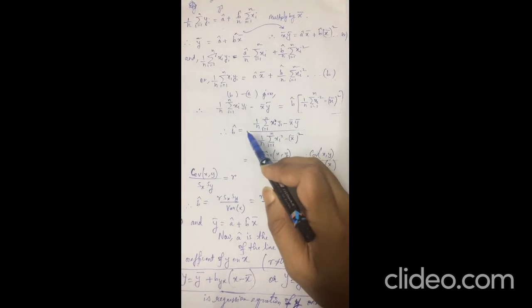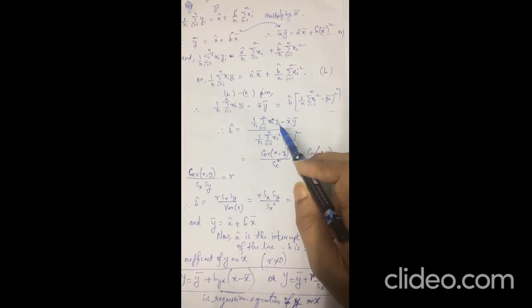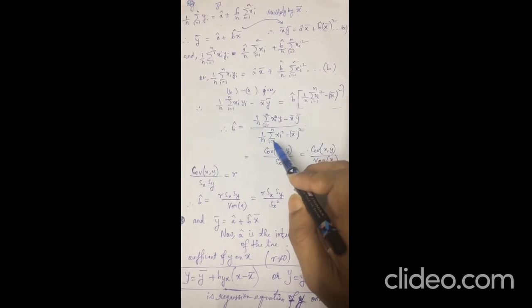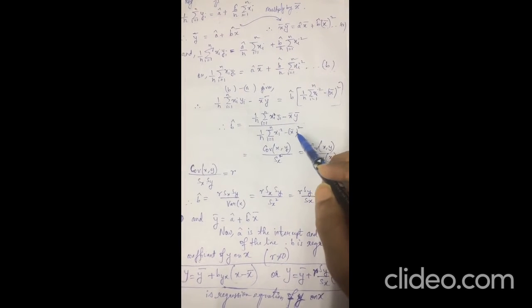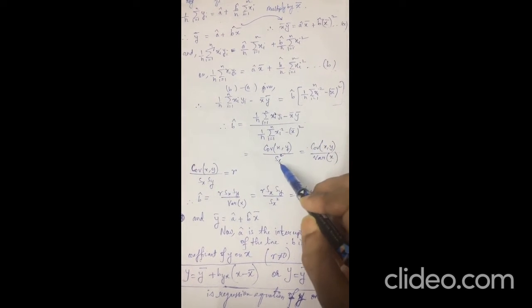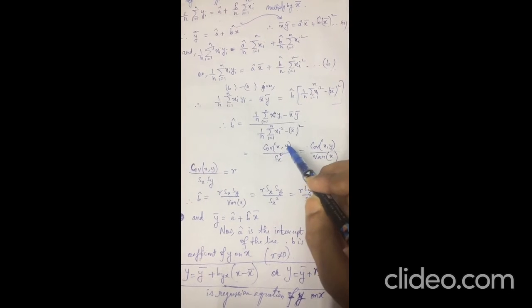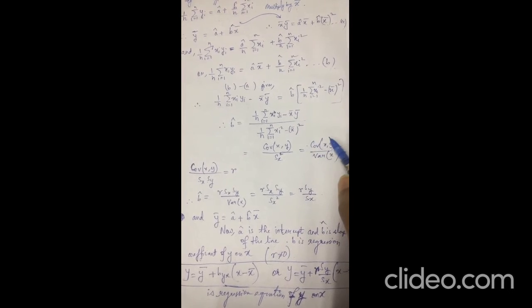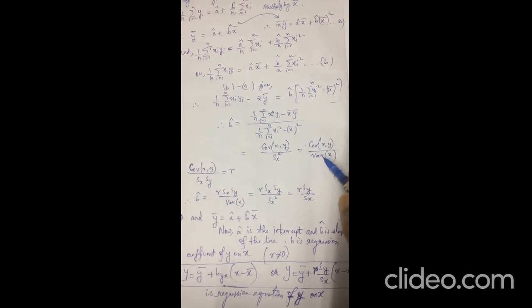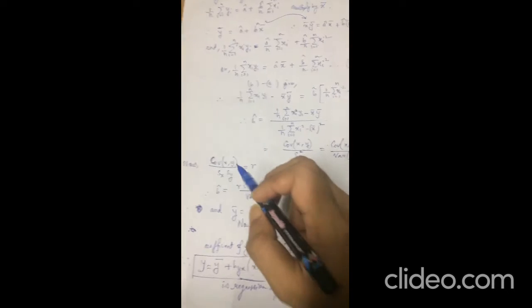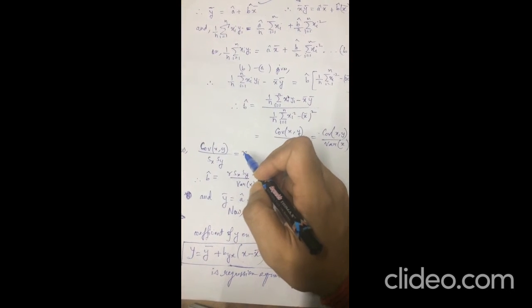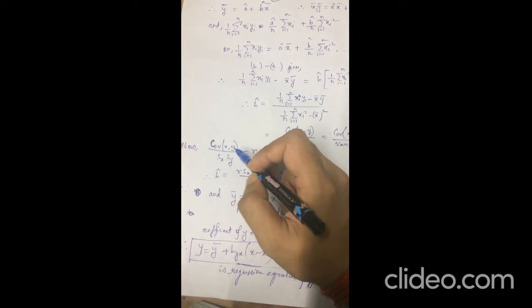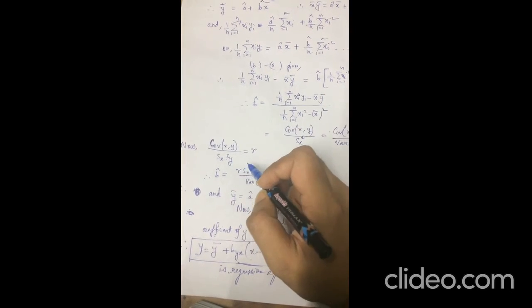I get b cap as 1 by n summation xi yi minus x bar y bar, divided by 1 by n summation i equals 1 to n xi square minus x bar whole square. This denominator is actually the variance of x, and the numerator is the covariance of x and y. If you recall the previous videos, this is related to the correlation coefficient, that is covariance xy by sx sy.